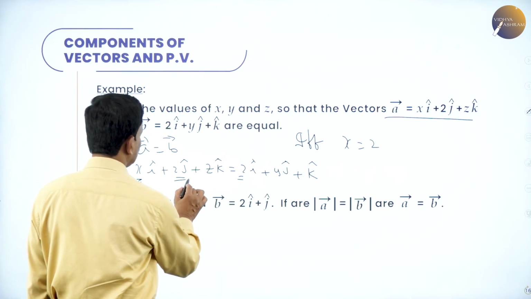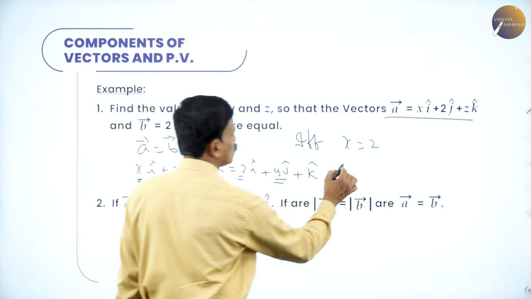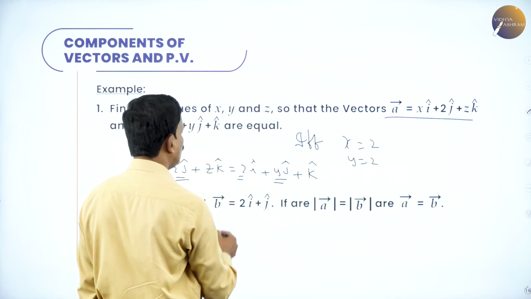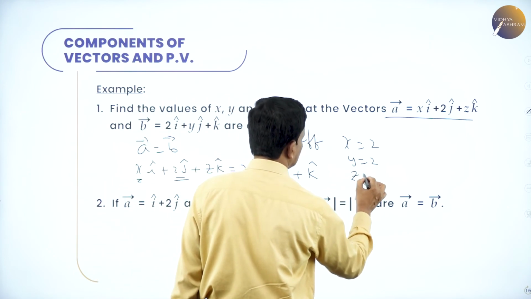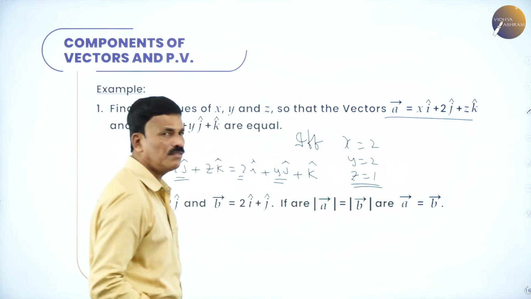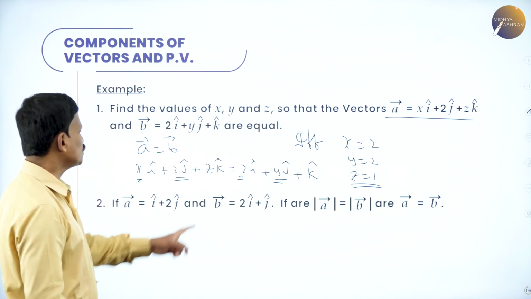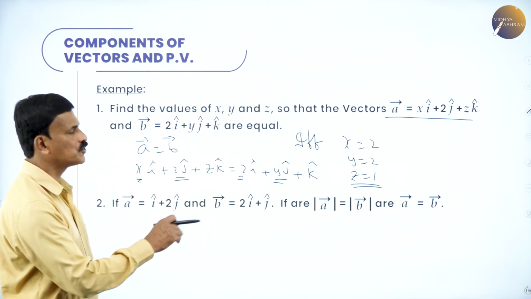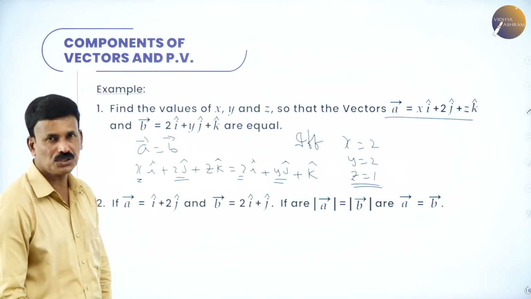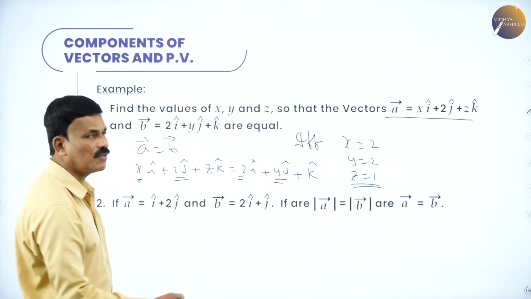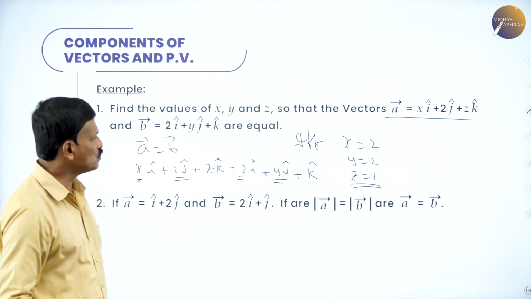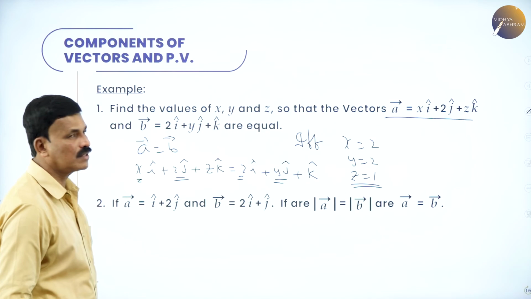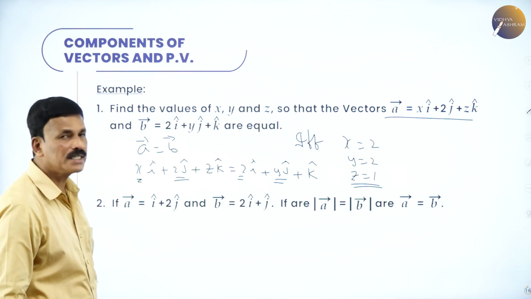And the coefficient of k is 1, so z is equal to 1. So if and only if x is 2, y is 2 and z is 1, the two vectors are equal. The values of x, y, z are 2, 2 and 1.